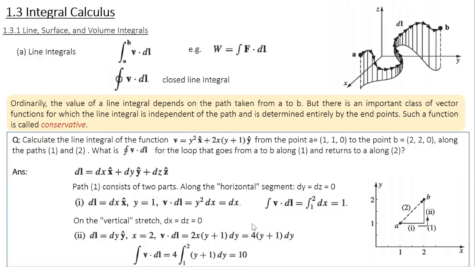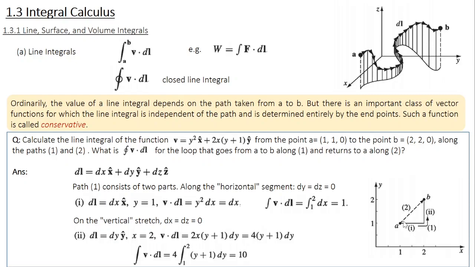Now we can calculate the integral v dot dl. Since you are considering only movement along the x direction, look at the limiting values of x. x starts from 1 and ends at 2. So integral 1 to 2 dx is nothing but 1. Same way, you can calculate the line integral for this vertical segment. Here, movement happens only along the y direction.